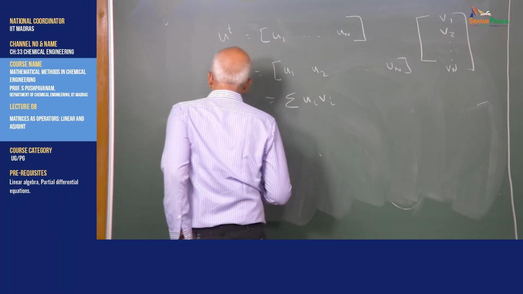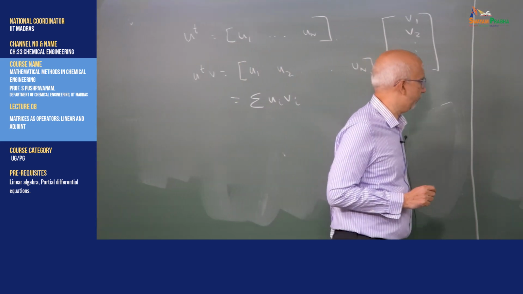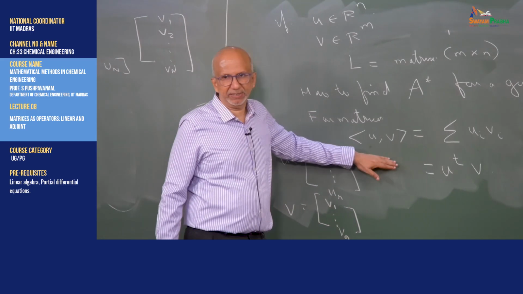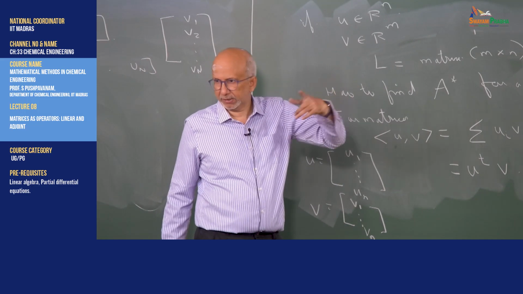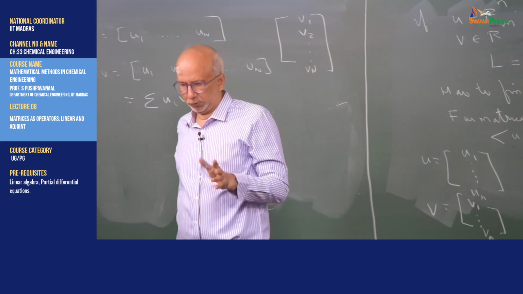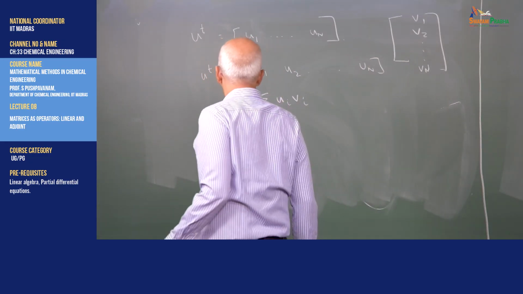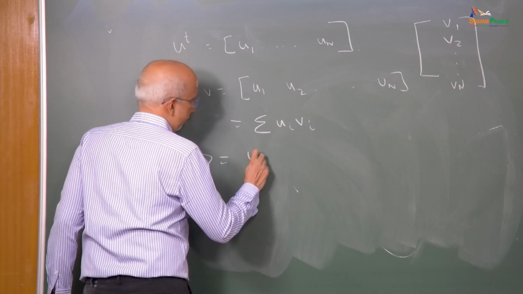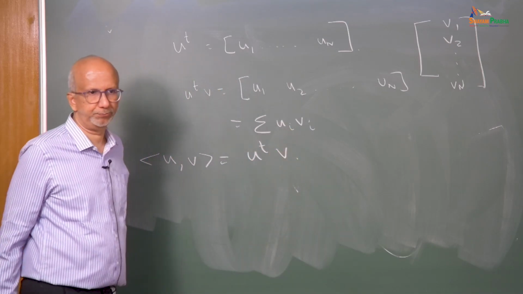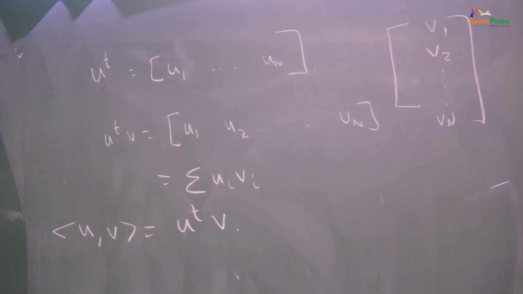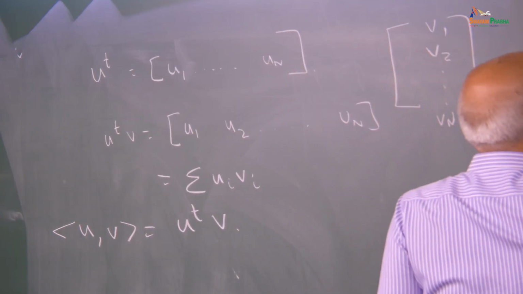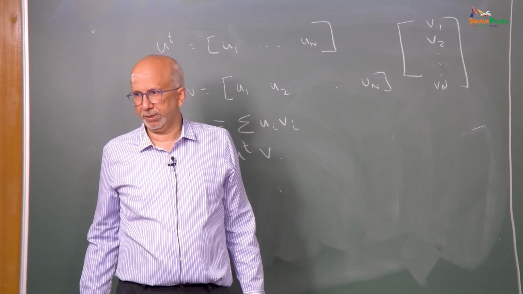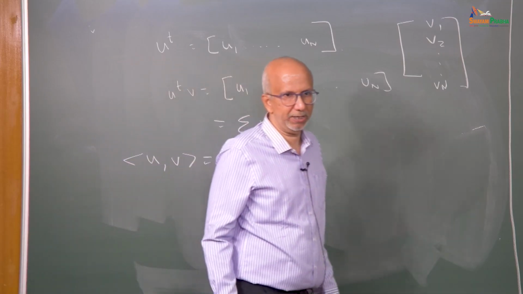Now, for vectors, the inner product which I had defined earlier can be written as u transpose v. I have just shown that the inner product of u, v can be written as u transpose v. But what I want is to take the inner product of u with Av. That is what I am trying to find out.